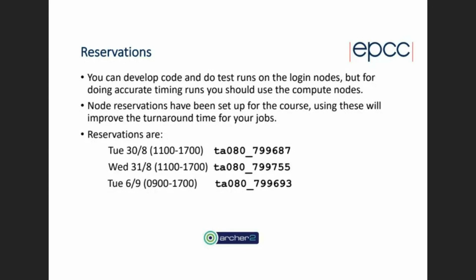There's no guarantee you get dedicated access to cores on the login nodes. So for performance and timing runs, you should use the compute nodes and access them via the batch system. We've set up some node reservations for this course, and using those will give you quick turnaround for performance runs. If you do that, you have to specify a reservation code. Here are the codes set up for this course, and there's a different one for each day.